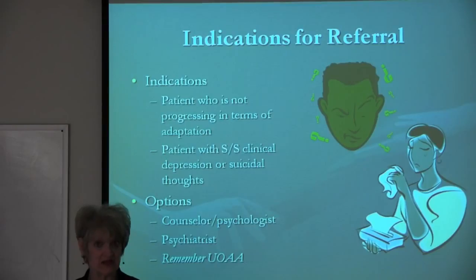So you want to have a list of counselors, and you want to compile that list by talking to other patients or other clinicians who can say, yes, this person's a very good counselor, and particularly good for patients who are dealing with changes in body image, having to learn new skills, just dealing with multiple things on their plate at one time. And of course, any patient with clinical depression, severe anxiety, or suicidal thoughts.